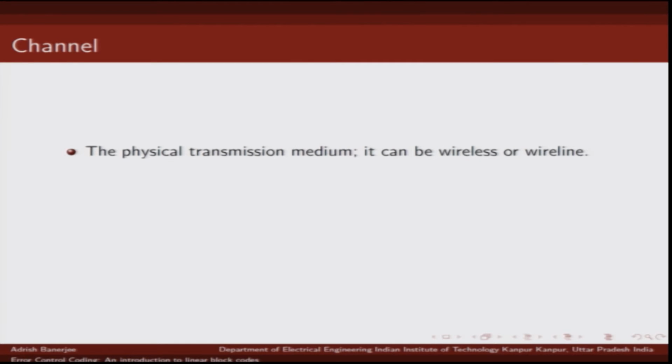The next block in our block diagram was the channel. So, what was the channel? The channel was essentially our transmission medium over which we were sending our coded bits.